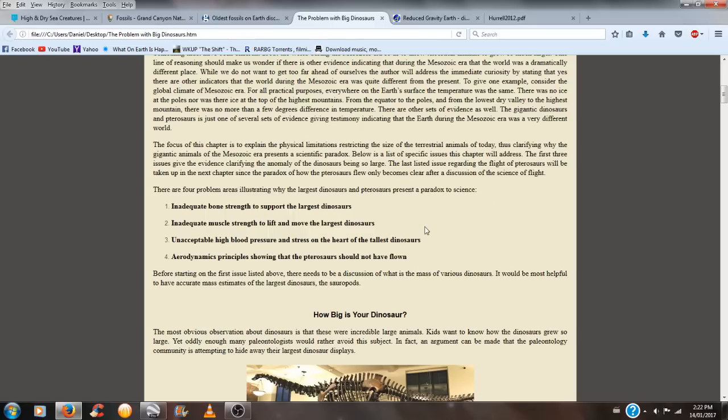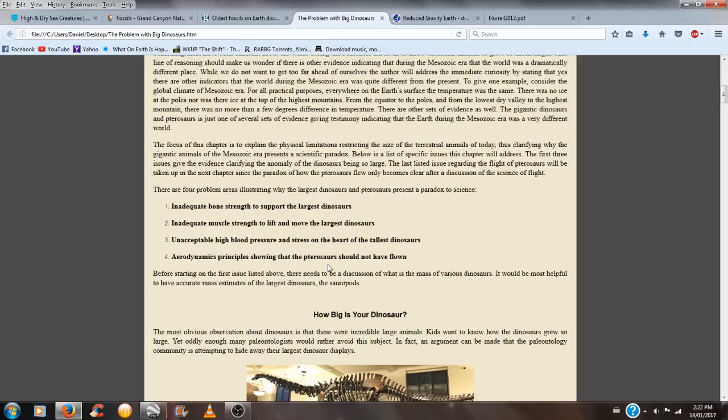It would collapse under its own weight. It would not be strong enough to support its own body, basically. Right? Unacceptable high blood pressure and stress on the heart of the tallest dinosaurs. Okay, so, and the aerodynamics principle showing that, I'm really not sure how to pronounce that.